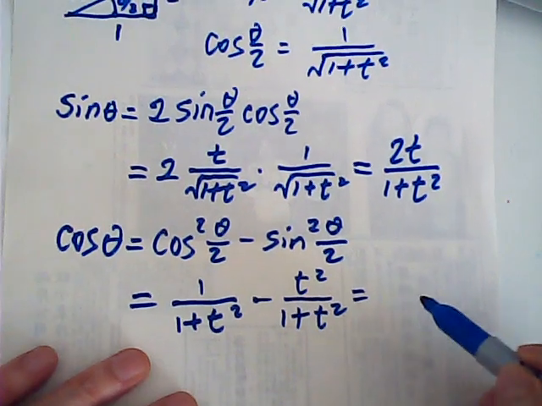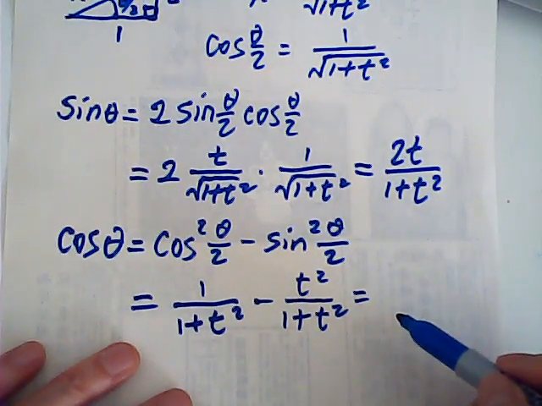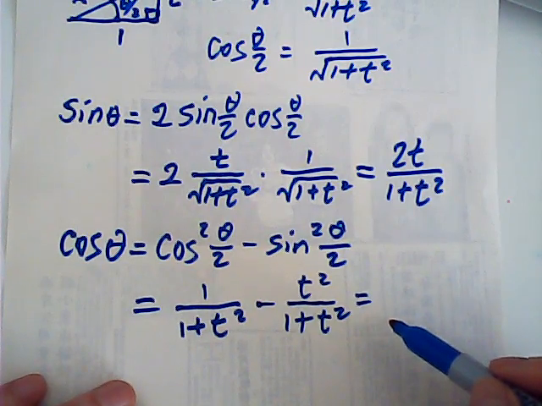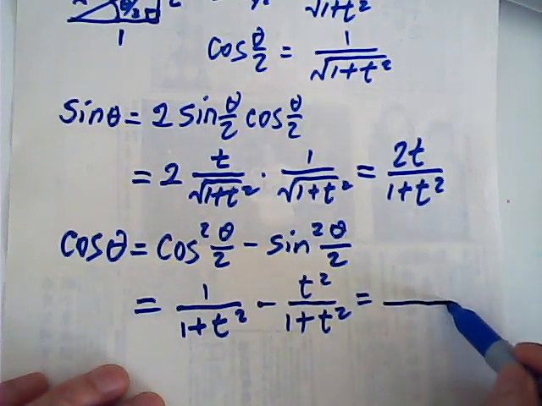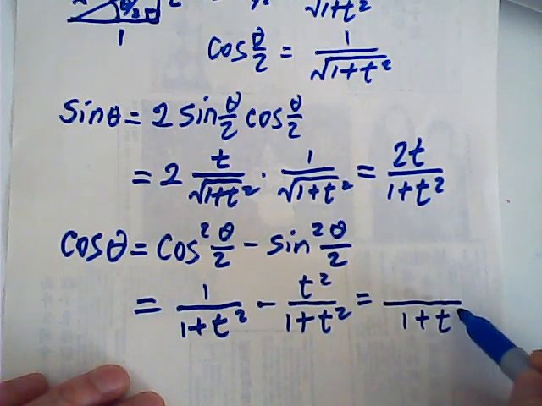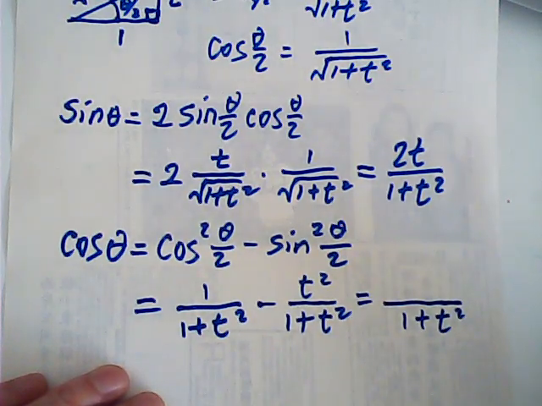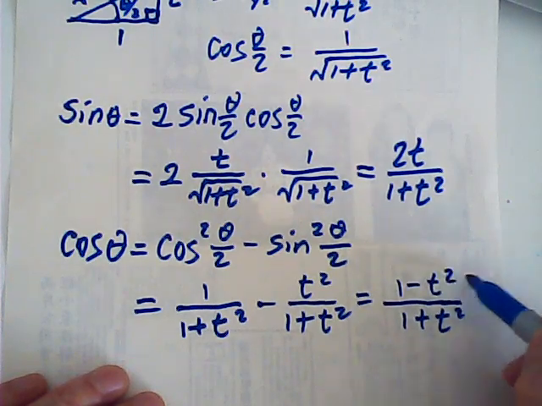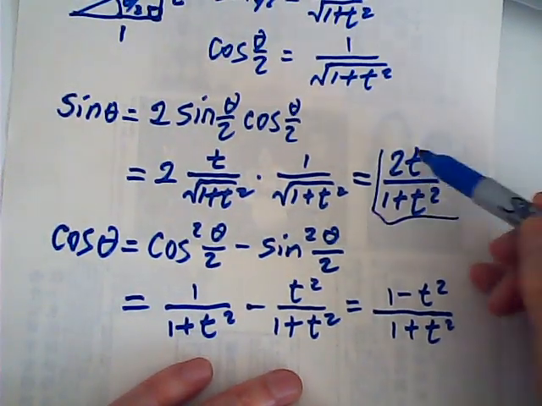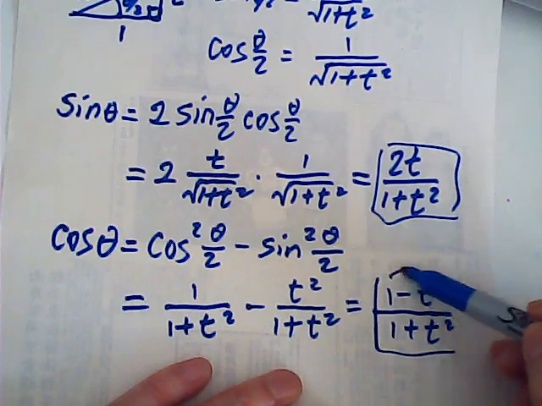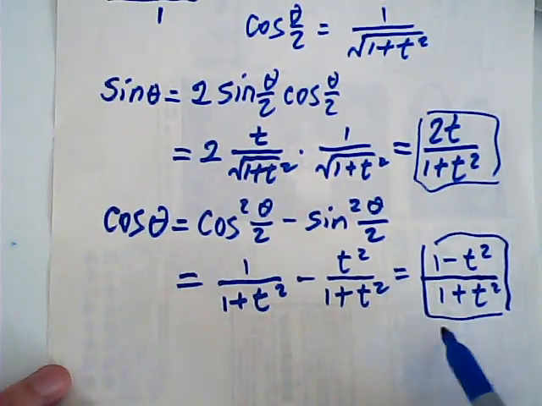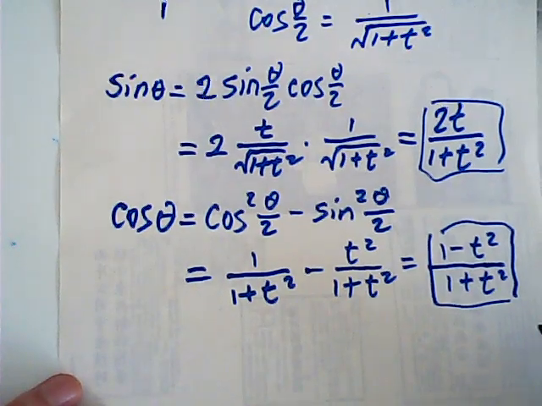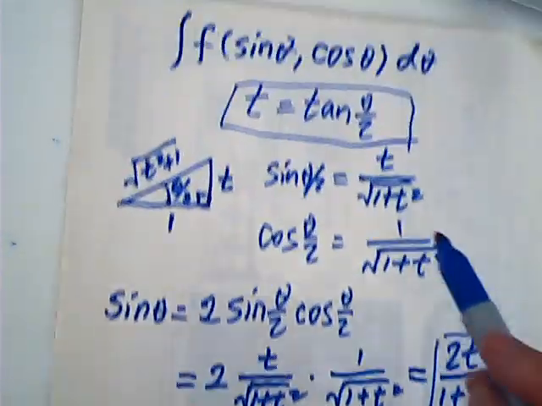So this one is equal to 1 minus t squared over 1 plus t squared. Okay, this is sine, this is cosine. So we don't have to memorize the formula, but rather we can derive it easily.